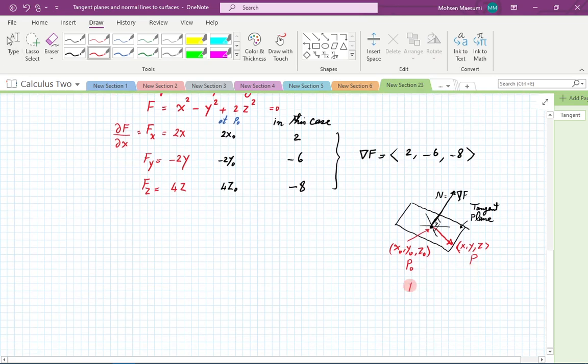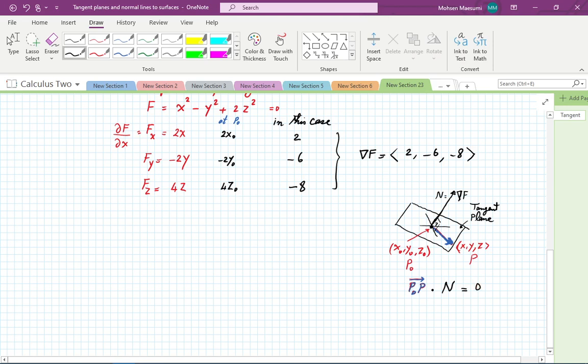So here, if I have a vector going from P0 to P, that's a vector here, let's call it the blue vector. So P0P is some vector. It is perpendicular to N. So if it is perpendicular, the condition was that the dot product was 0.